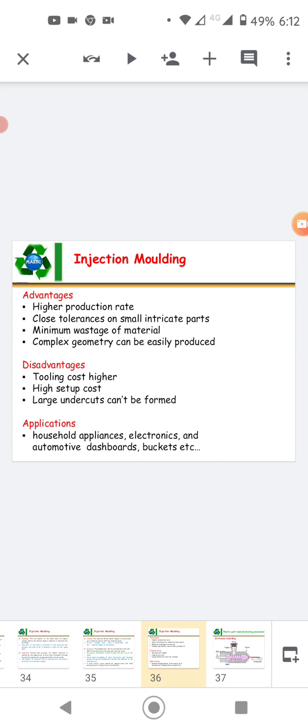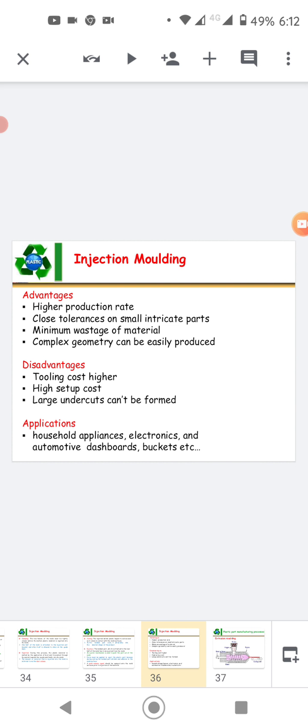In the comparison, compression molding is for thermosetting plastics, and transfer molding is also thermosetting plastics, and injection molding is for thermoplastics. The compression molding rate of production is low or medium, and transfer molding rate of production is low, and injection molding rate of production is very high.